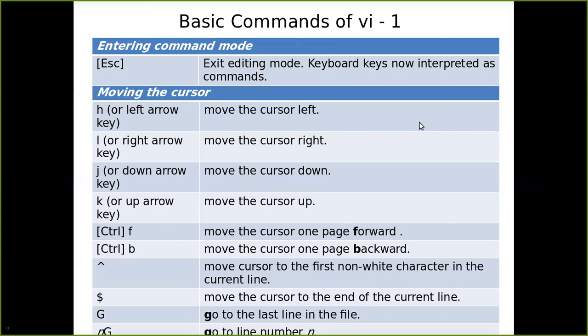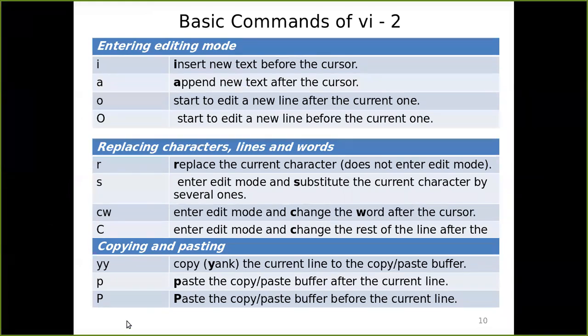So if you want gvim, you need to install it. You can see here these commands: moving the cursors which we have seen, like caret symbol, dollar, g and all. Then we have seen copying, pasting, y, and replace, and cw.